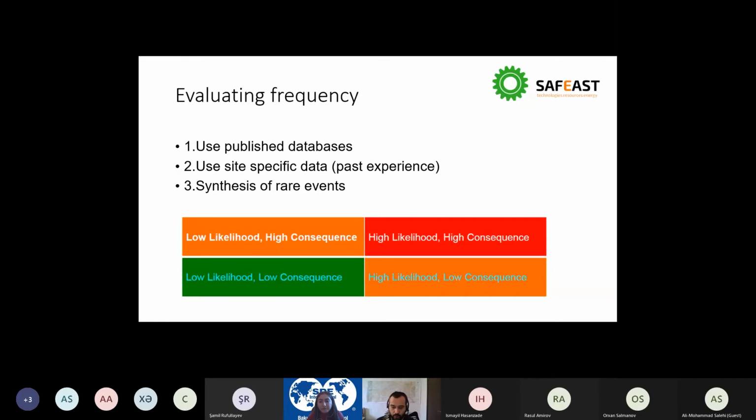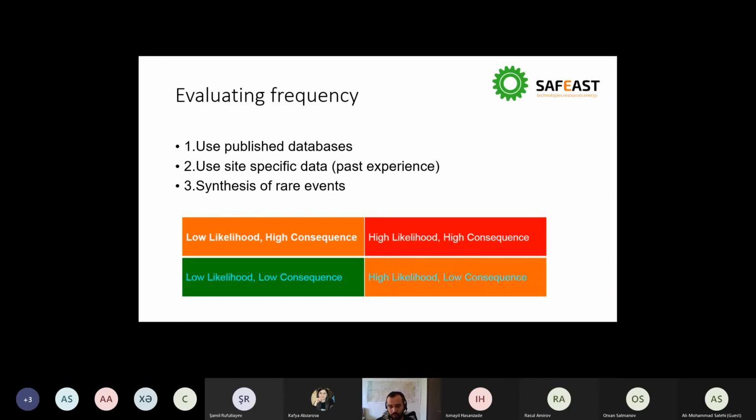So when we are evaluating the frequency, there are different techniques. One, let's say easier, option is to use a published database. I will show you some specific examples of which databases you can use. Or the other option is to use site specific data, so basically your past experience.